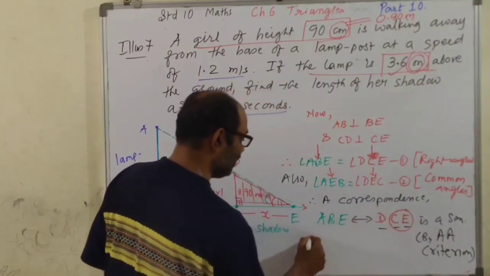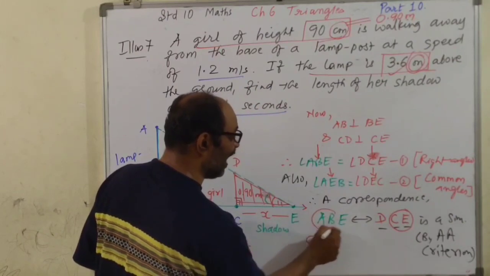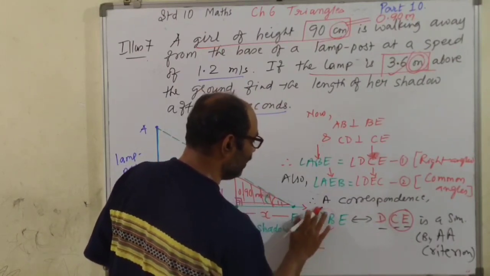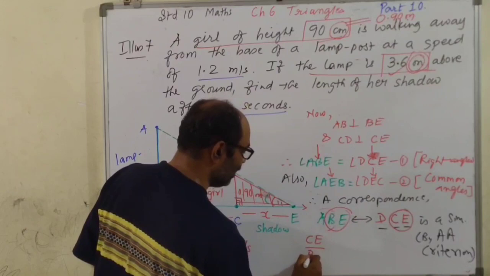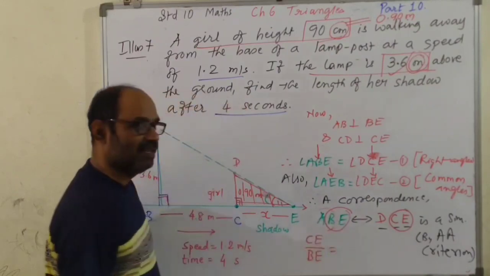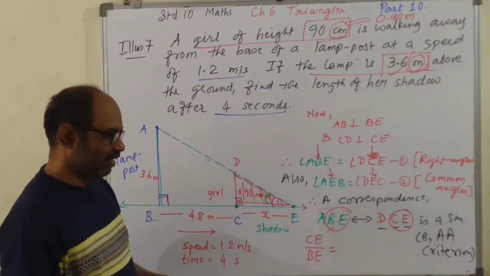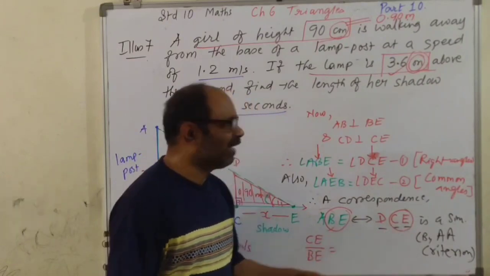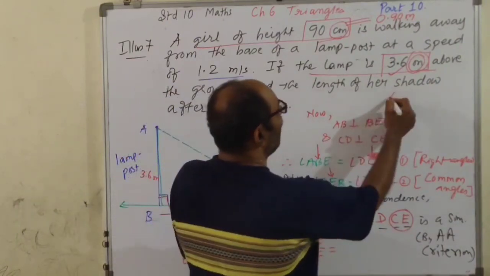हमें जो चाहिए वो पहले लूंगा मैं. CE ले रहा हूं. CE अपॉन क्या आएगा? सॉरी. CE के कॉरेस्पॉन्डिंग क्या आएगा? BE. CE अपॉन BE. ऐसे तो मुझे 3 मिलता है. But I am taking CE up. Okay, let me write.